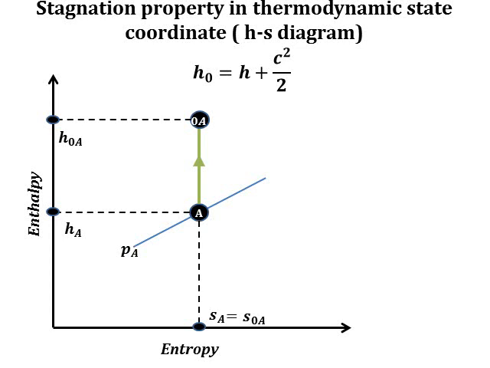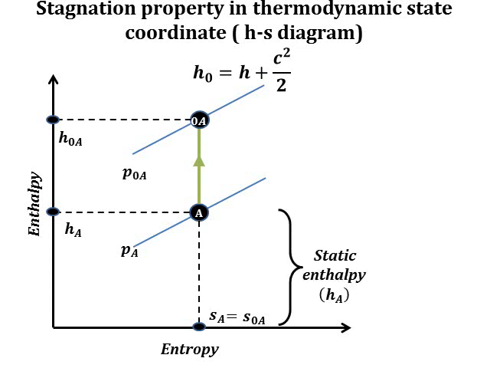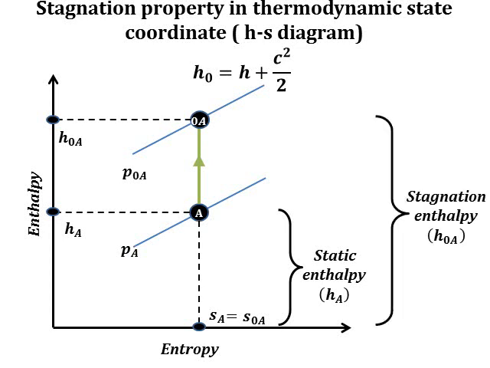The entropy remains constant because it's an isentropic process. The pressure line passing through 0A gives us the stagnation pressure. Now the height till point A represents the static enthalpy, and the height till point 0A represents the stagnation enthalpy. The difference between the static enthalpy and stagnation enthalpy gives us the kinetic energy, represented by the height between point A and 0A.